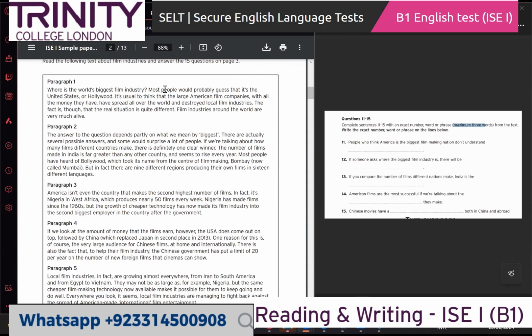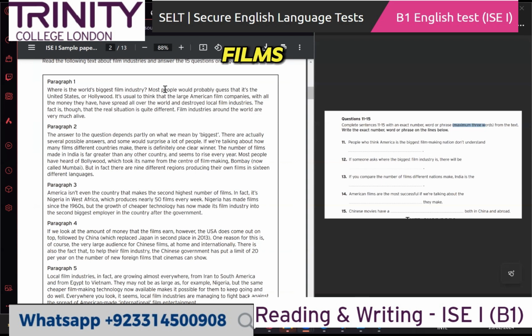The answer to the question depends partly on what we mean by the biggest. There are several possible answers, and some will surprise a lot of people. If we are talking about how many films different countries make, then India is definitely the clear winner.